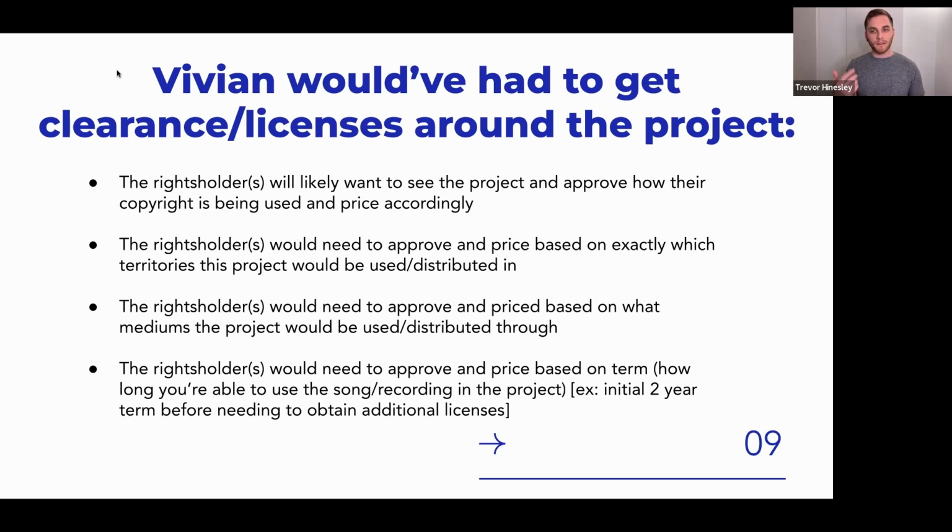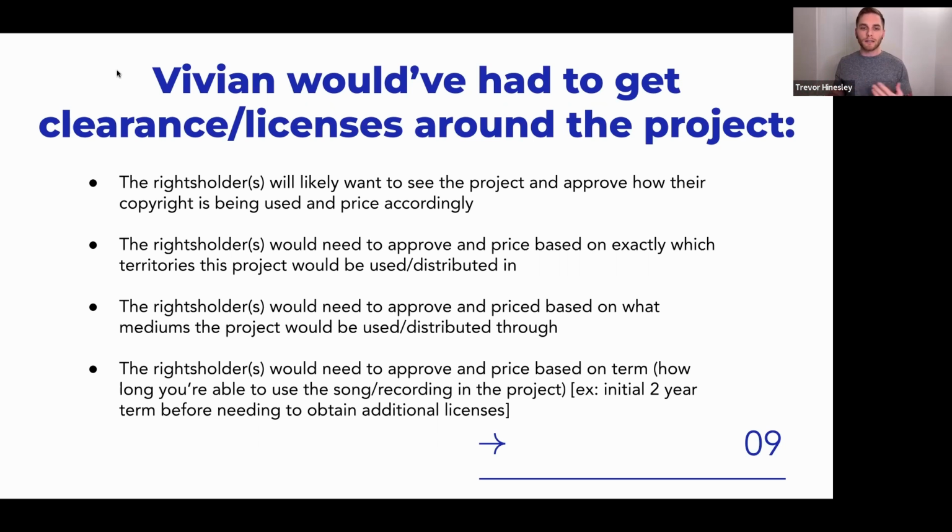And part of the reason this happens, I'll give you a practical example, going back to my earlier reference to an Apple commercial. If an artist issues a license for a commercial usage like that, a lot of times Apple may want exclusive access to it, so they'll pay up for that. They'll pay a lot more for, we want to be the only commercial with this song on it right now. But the rights holder doesn't want to give them permanent access to use it forever, so they're going to put a term on it.